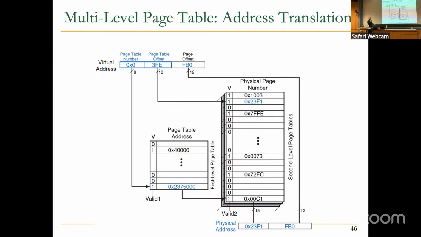So to give you an understanding, if your program is mostly using the least significant bits, then the page table number will usually be 0x0, which means that you would need only one portion of your second level page table to be allocated all the time.